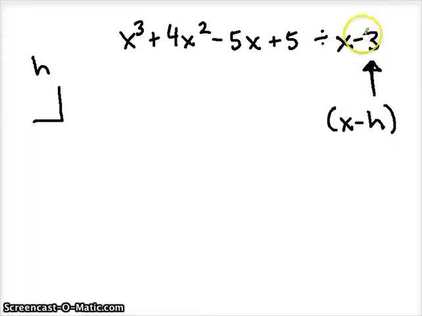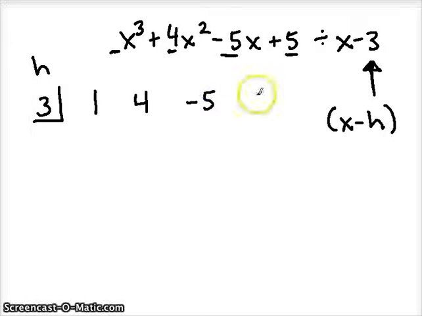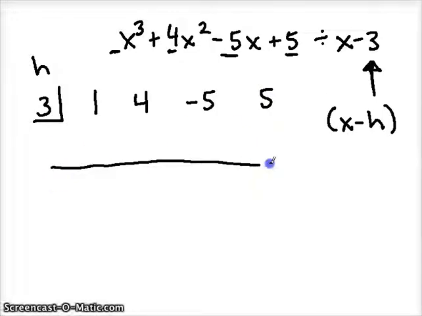So the opposite of this, or what would make this a 0 in some cases, would be a 3. So we'll put the 3 in the box. We'll put the coefficients: a 1, a positive 4, a negative 5, and a positive 5. And we're ready to go.